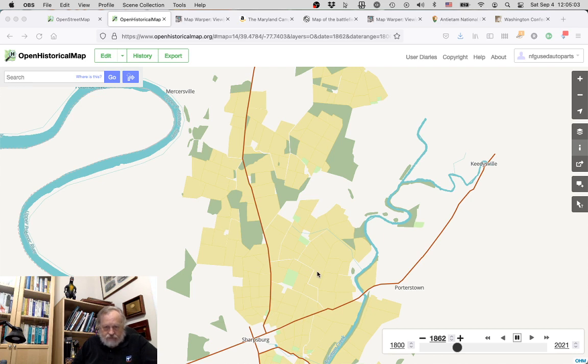But we know what areas were cropland. We know what areas were woods. We know where the roads were in 1862, which is different from where the roads are today in a number of regards, because of course highway departments move roads around. It's one of the things they do.